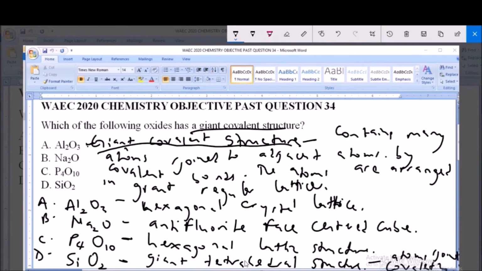And as we defined for the giant covalent structure, we said it is made up of many atoms joined together by covalent bonds. So from that you can see that option D, which is silicon 4 oxide, SiO2, has a giant covalent structure, and is the correct answer.